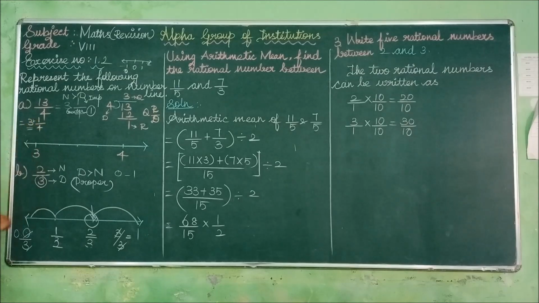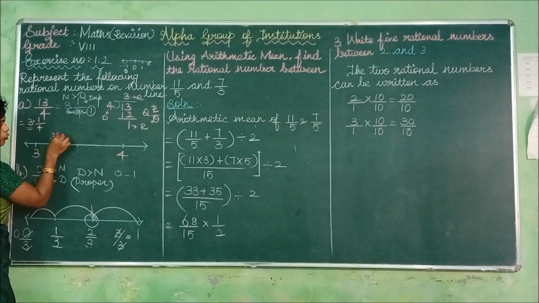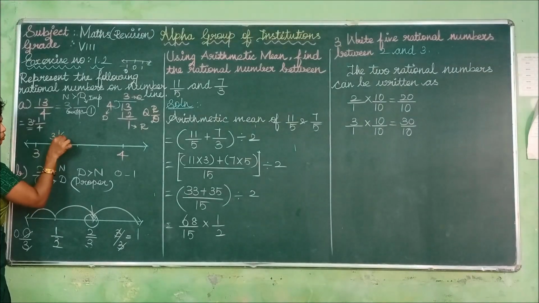So 3 plus that quarter. It is more than 3 and less than the next number. After 3 what comes? 4. So it is less than 4 and greater than 3, and lies between 3 and 4 on the number line. So how do we write this 1 by 4 on the number line? First write 3 as it is. The next one is 3 1 by 4, that means 3 and a quarter part.